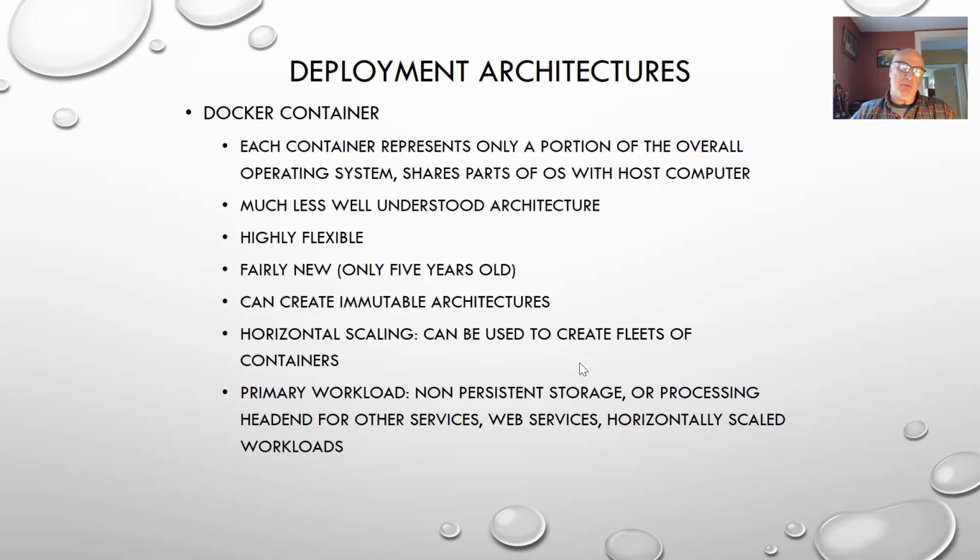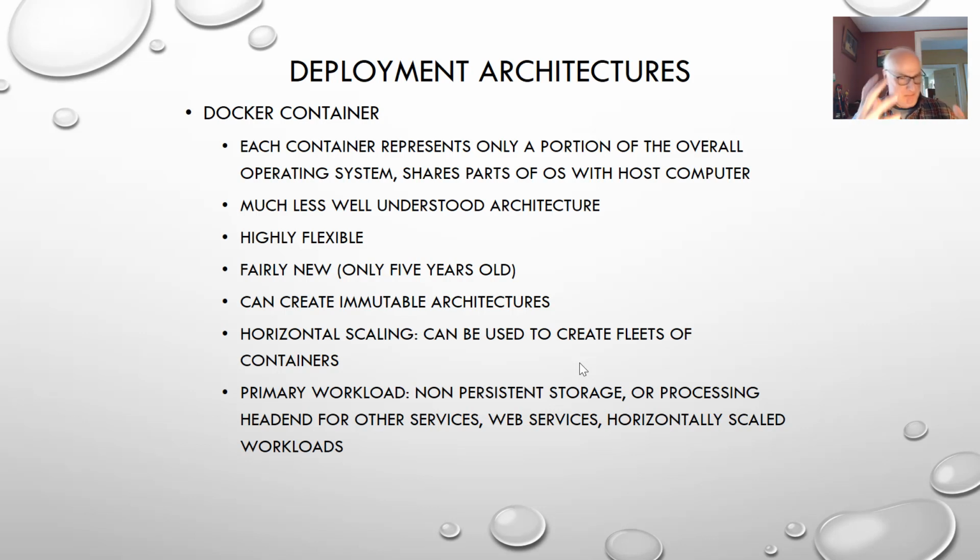The other thing is that because Docker containers come and go so quickly because they're so small, persistent storage is a problem. Docker containers are not built around the idea of persistence. They're not meant to last for a long time.